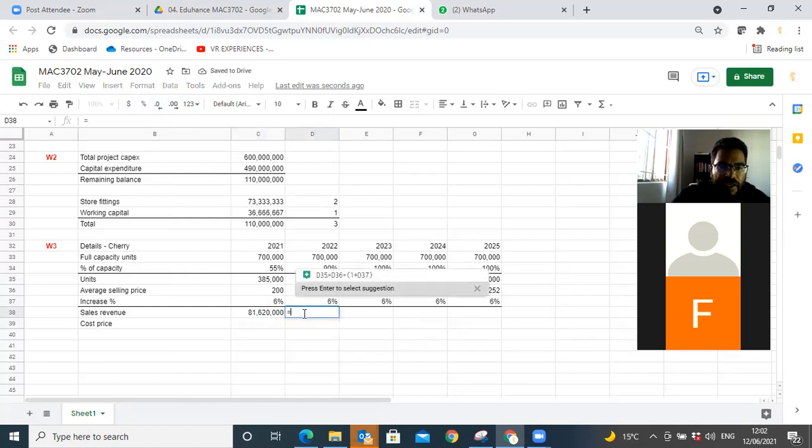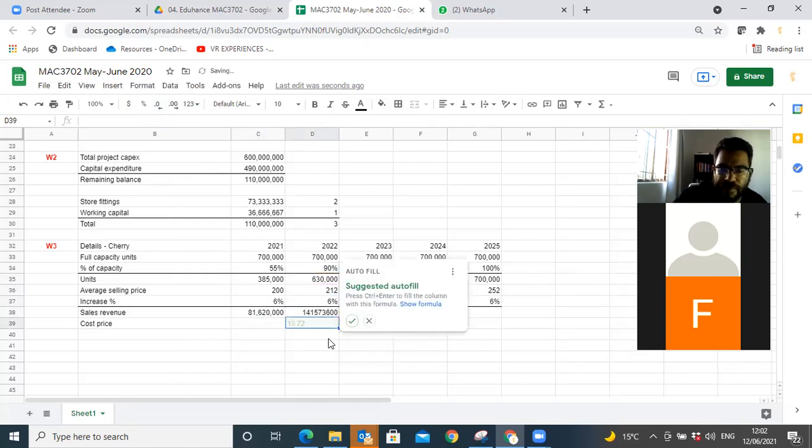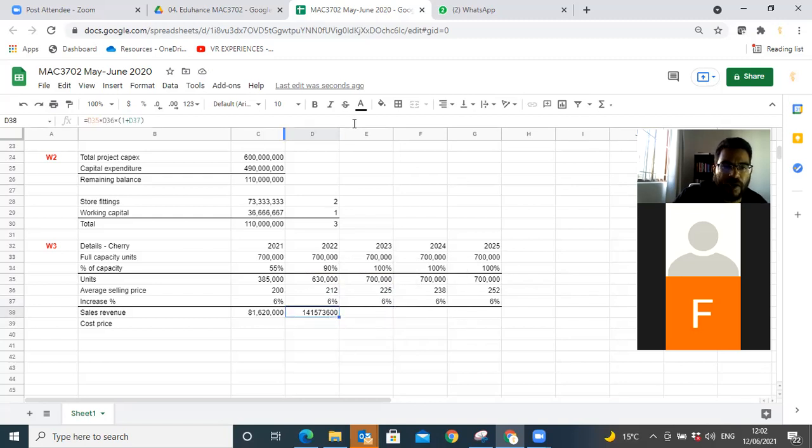Similarly over here, it is the number of units in 2022 multiplied by the price of 2021, but you must increase it for the growth rate. So now I will just go and drag the formula across.